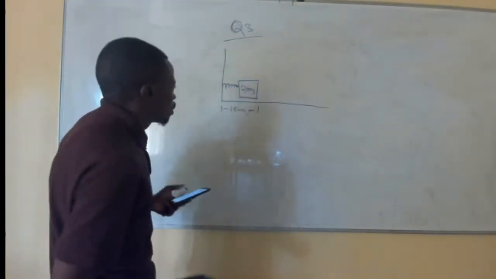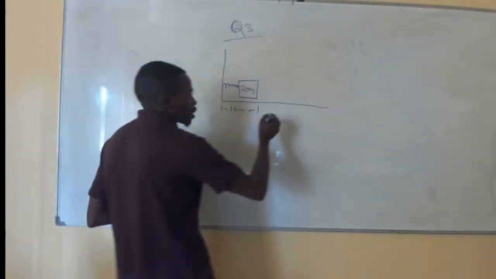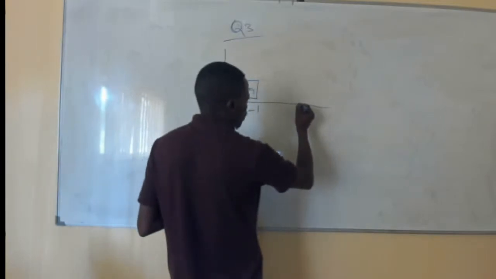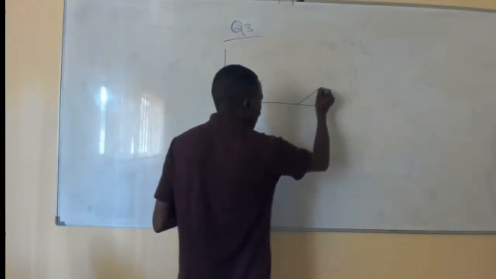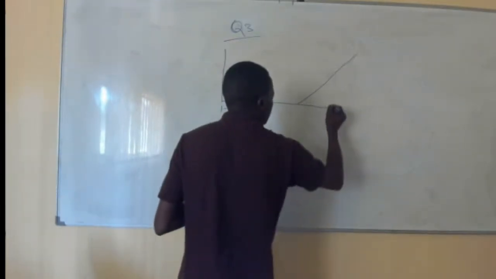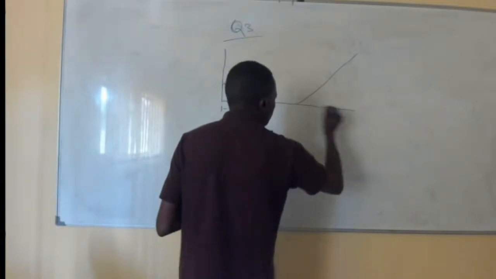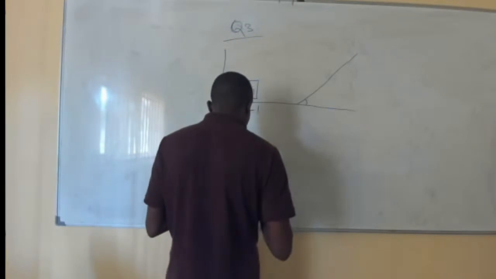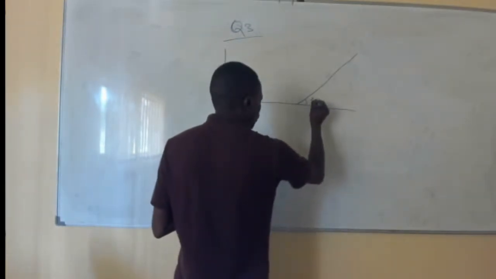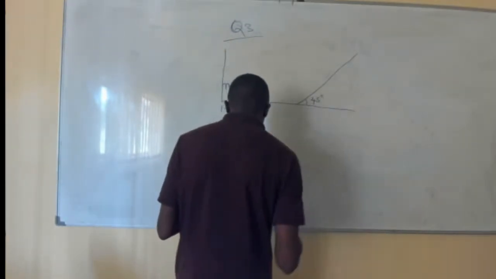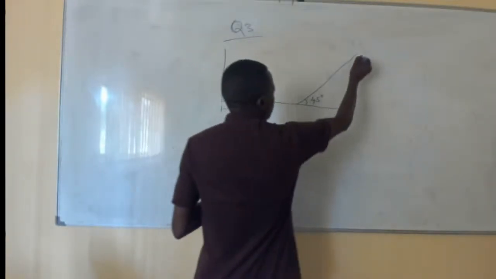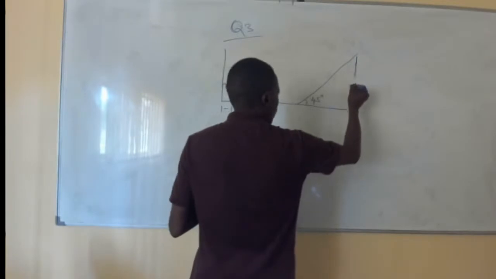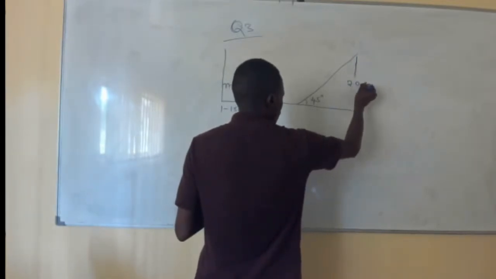And then after that, it's shot off and allowed to move on a frictionless horizontal surface up an incline. Our incline is not frictionless, at an angle of 45 degrees, and the height of the incline is given as 2.0 meters.